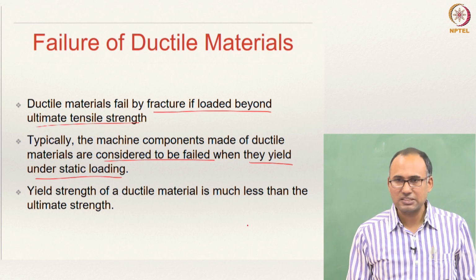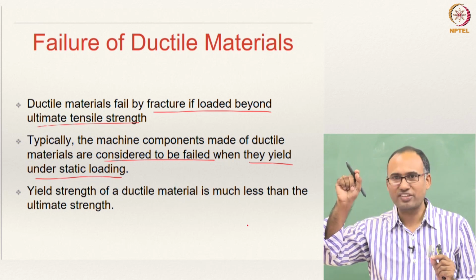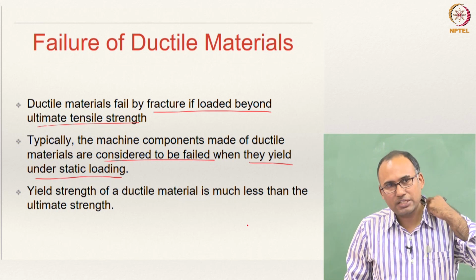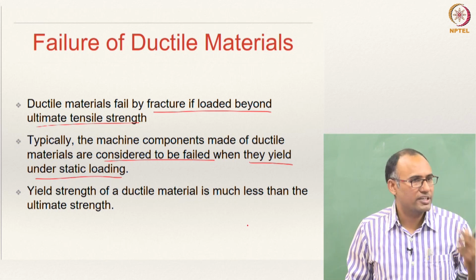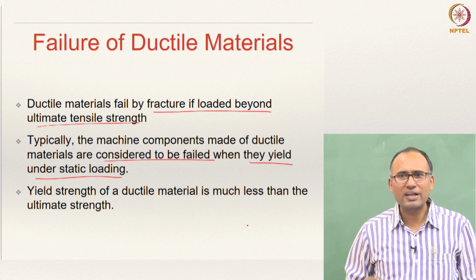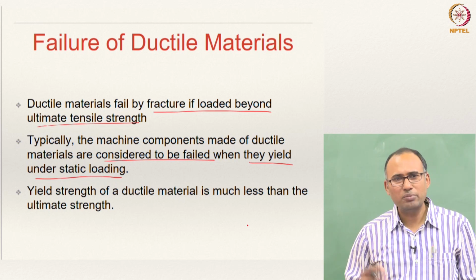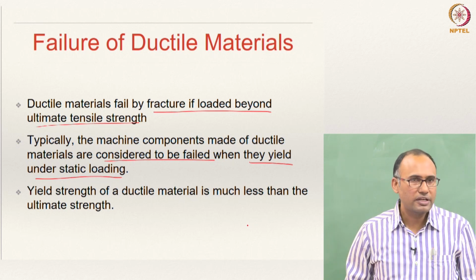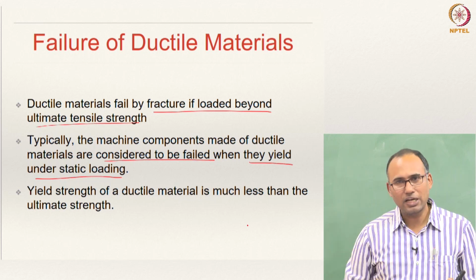Because the yield strength and ultimate strength are not the same. For instance, for a mild steel, your yield strength is about 200 MPa, whereas the ultimate strength can be up to 350 to 400 MPa. So, there is actually a reasonable difference between the yield strength and the ultimate strength.